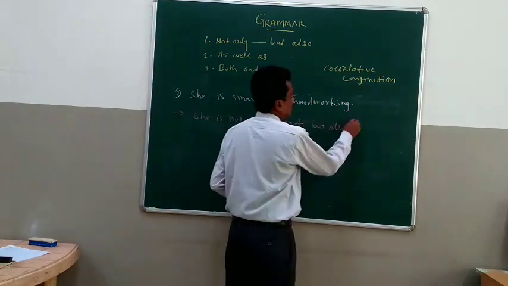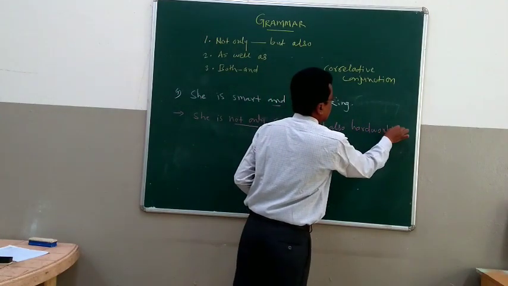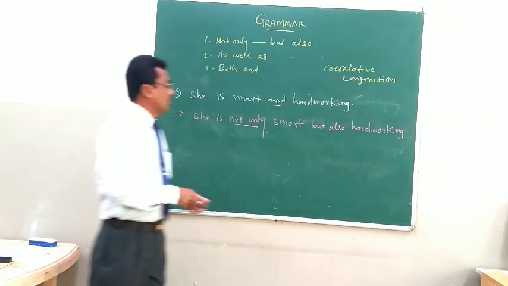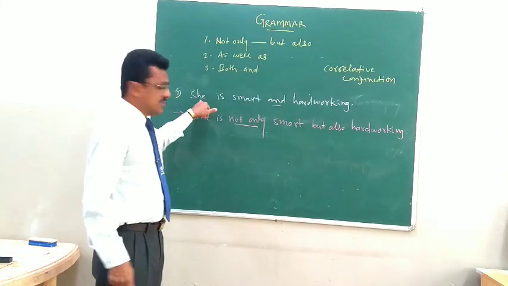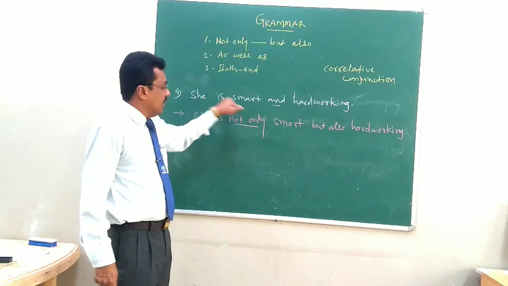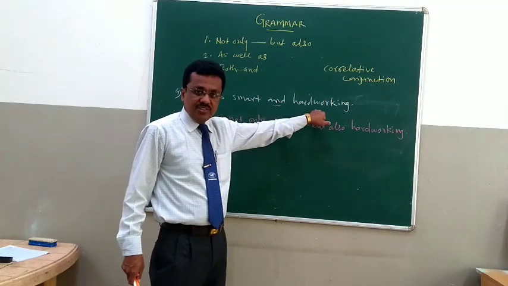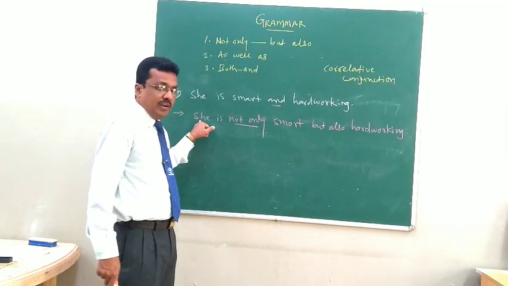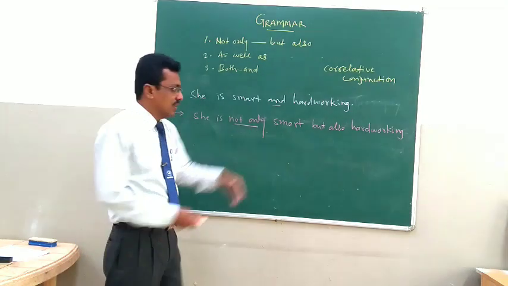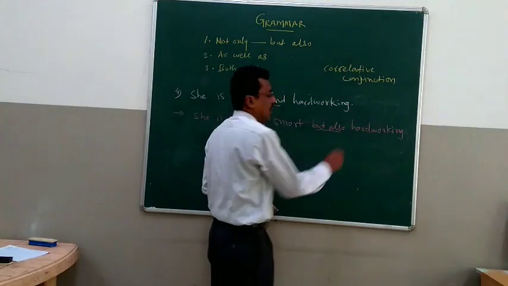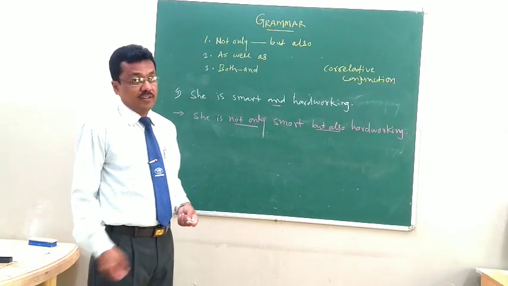Hardworking is an adjective. One single subject, and this is an adjective. Smart is an adjective, hardworking is an adjective. So that's why we put it like this. She is not only smart, but also hardworking. So in this way we can make it with not only but also.